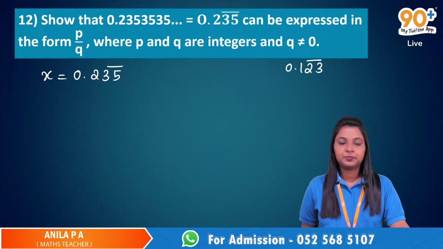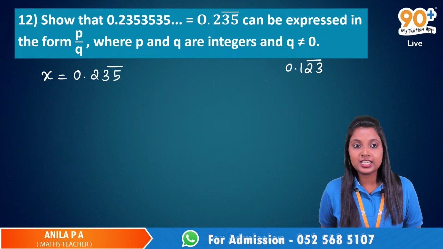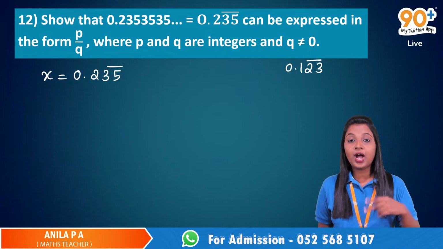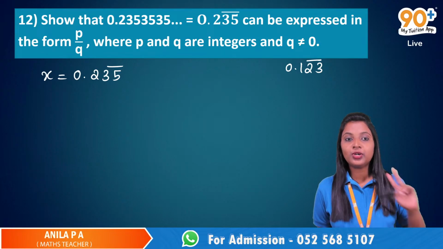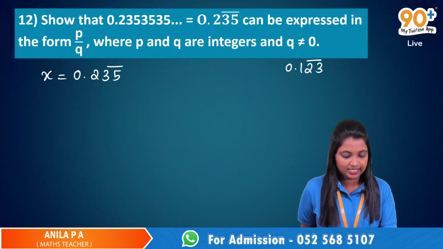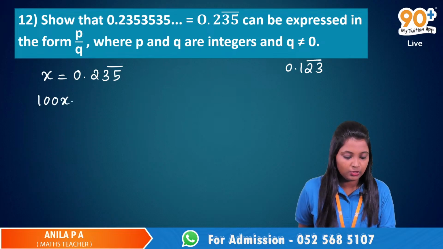Yes, we just label this given number as x. How many digits are repeating? Two digits are repeating. So we take 100x.